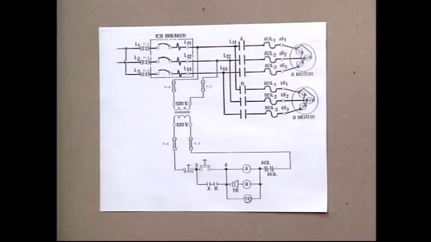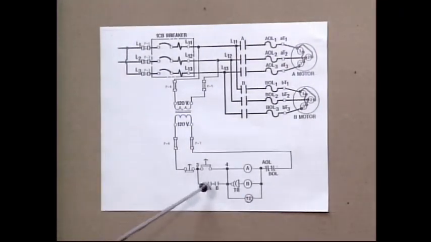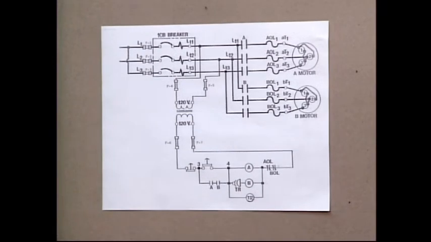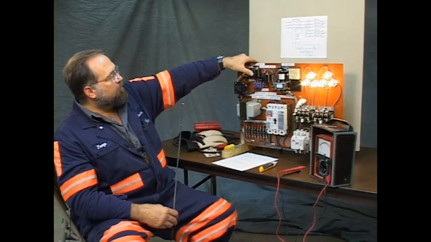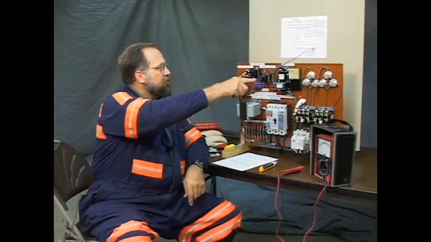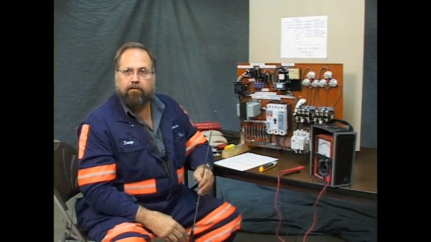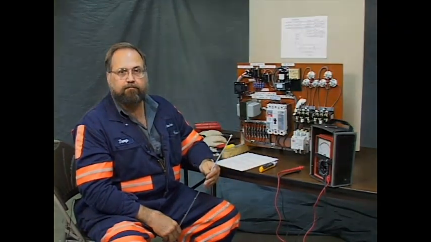It pulls those in, and it has a return. The B auxiliary closes. At that time, you can release the start switch, and it will remain running until such time as you stop it with the stop switch, or if you would have an overload open, that would stop it, or if you would lose power, everything reverts to its normally open position and it's stopped.